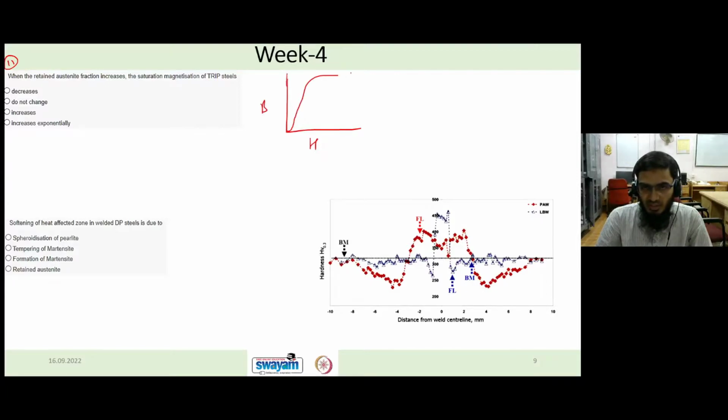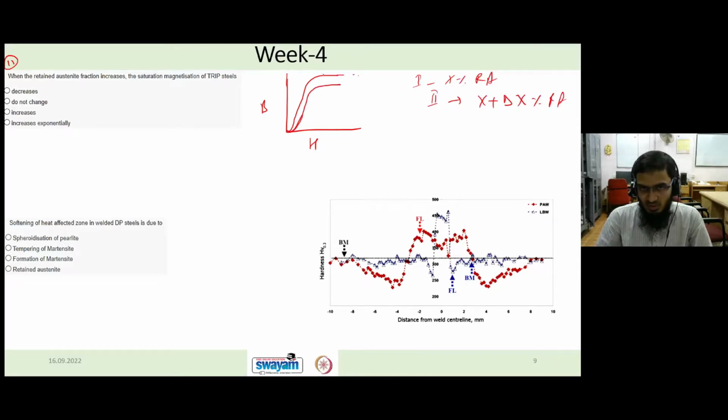Let's say in case 1 we have X% of retained austenite, and in case 2 we have X plus delta X % of retained austenite, and these two are the curves.